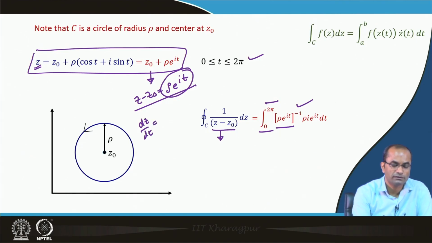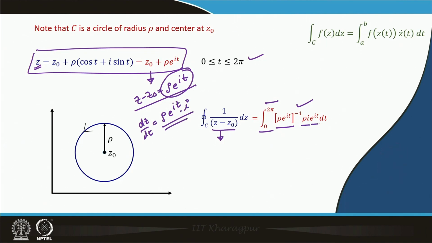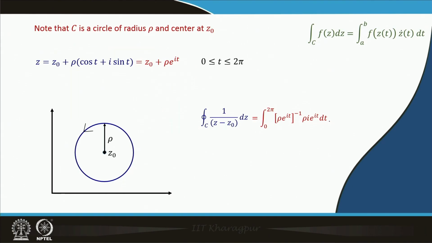So, this is z naught, the constant. So, rho e power I t, and then a factor of I will also come. So, rho into I and e power I t, and then we have dt. So, this is the formula for the integration which we have used here, and just to note that this rho with minus 1 will get cancelled, e power I t will also get cancelled.